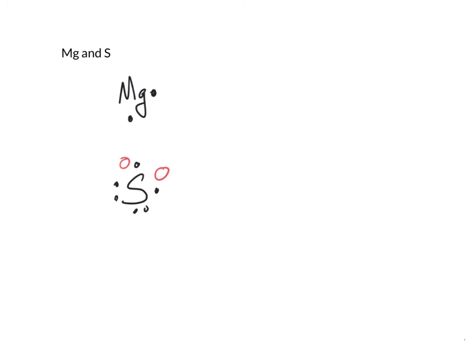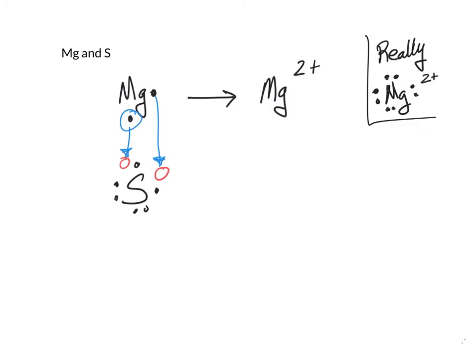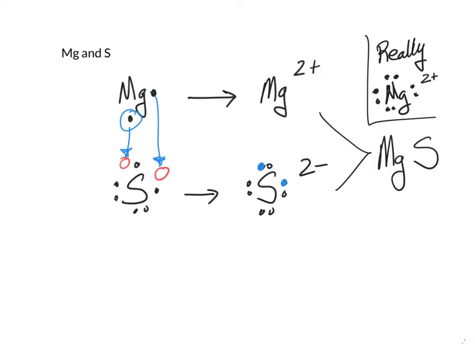So magnesium is going to give up 2 electrons and donate them to sulfur. And so we end up with magnesium with a 2 plus charge, and sulfur with all 8 dots around it being a 2 negative charge. We put these together and the formula will be MgS, because I had 1 magnesium, 1 sulfur, and they bonded perfectly matched up, so everything is satisfied.